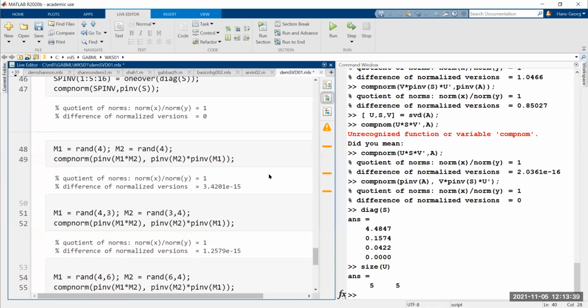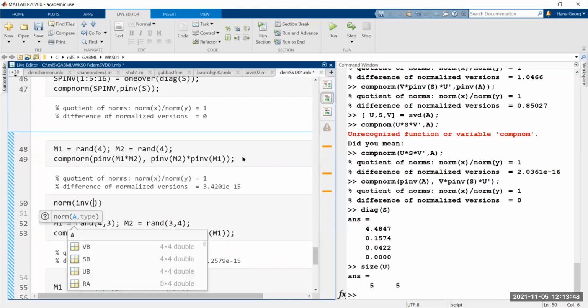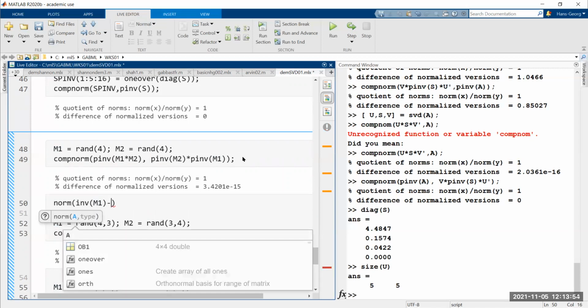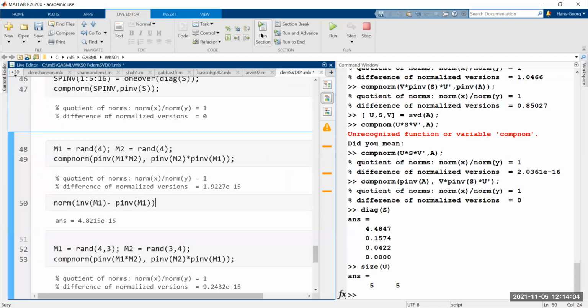if you're doing the pseudo-inverse, maybe I even compute here the norm of the inverse of M1 minus the pseudo-inverse. So the trick is whenever the inverse exists, it will be the same as the pseudo-inverse. So you could say the pseudo-inverse only makes sense if there is no inverse matrix.